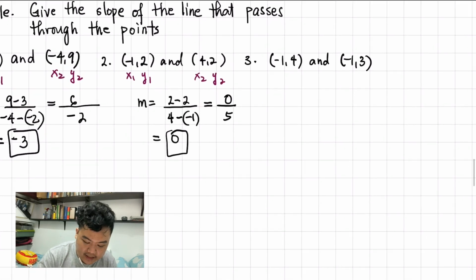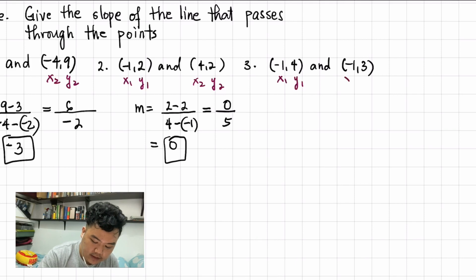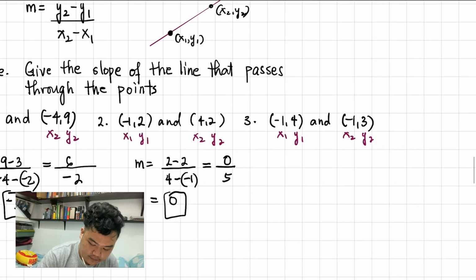And for the last example, before we proceed with the next part of this lecture, let's say this is (x1, y1) and (x2, y2). So the slope is y2 minus y1.